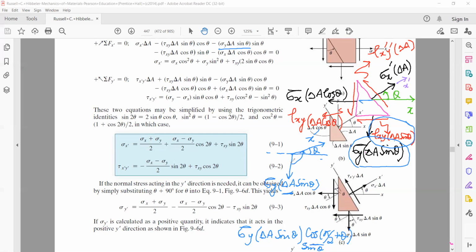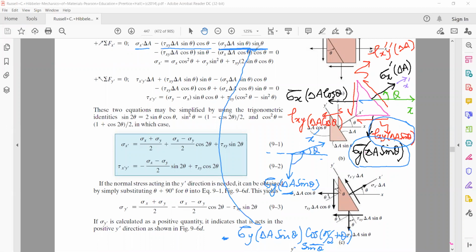Sorry, cos of pi by 2 plus theta is minus sine theta. Therefore it will be sigma y delta A sine theta into sine theta, but minus. That's our third term here. So we know what the first term represents, what the second term represents, and now what the third term represents.